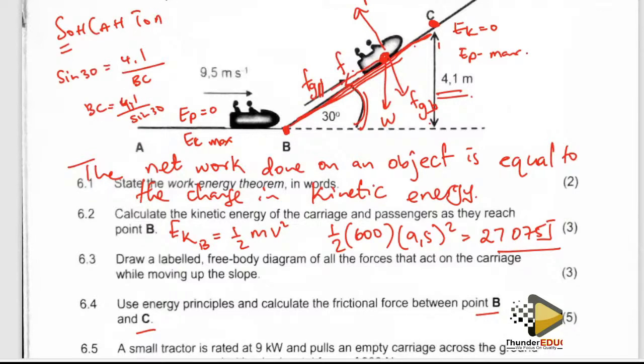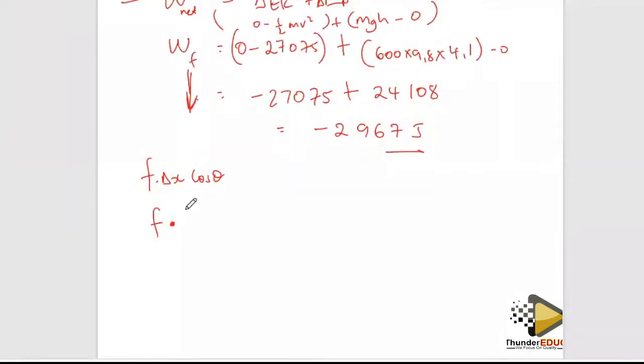So this is what I'm going to use for the displacement. Okay, so my displacement is 4.1 over the sine of 30 multiplied by the cos of 180. The reason being, this frictional force is moving in the opposite direction. This must be equal to negative 2,967.